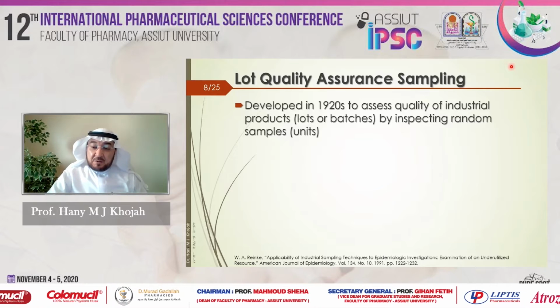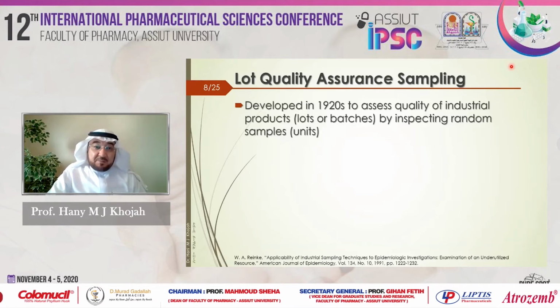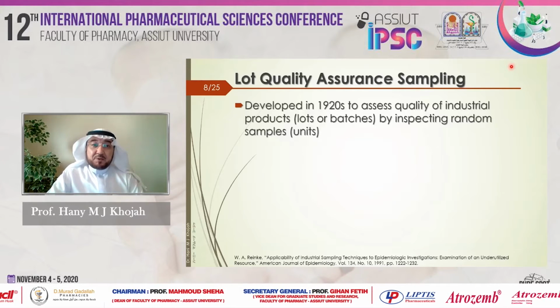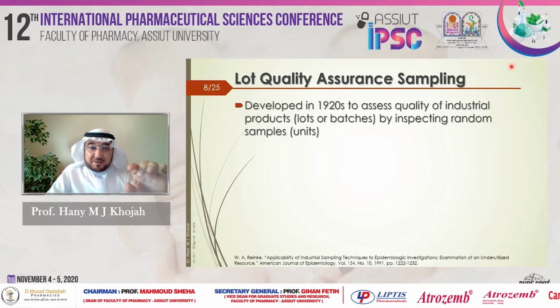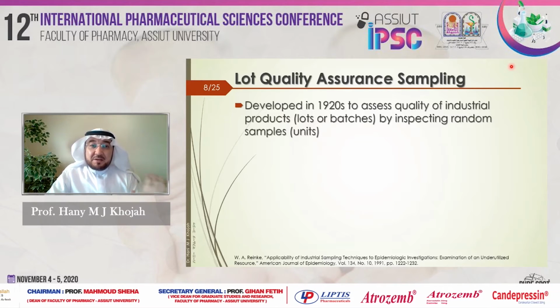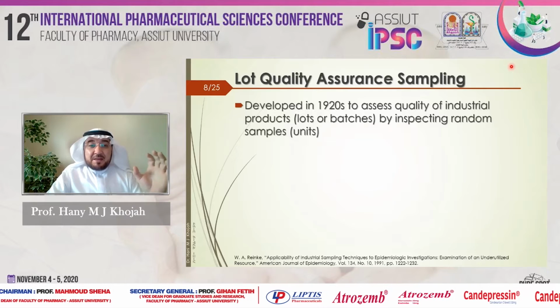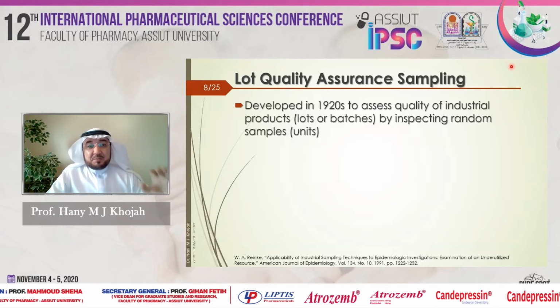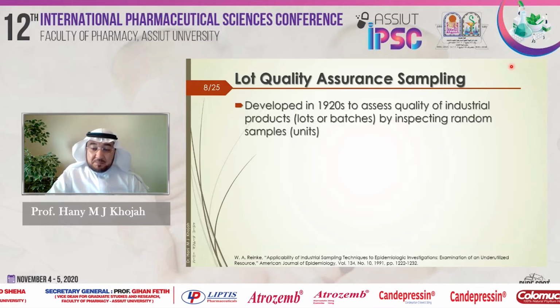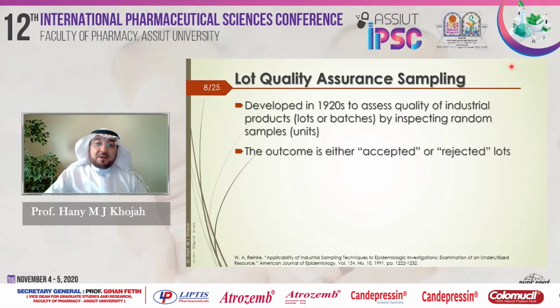Here the sampling, of course, should be random. When I say sampling here, I mean the product. I'm not talking about the pharmacy, I'm talking about the product. Only in this paragraph. Later, when I say sampling, I mean the pharmacies. And there is a subset of sampling which is used to select the medications. I'm going to talk about that later.